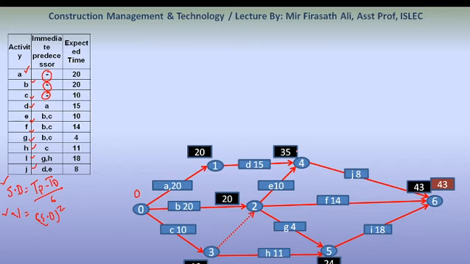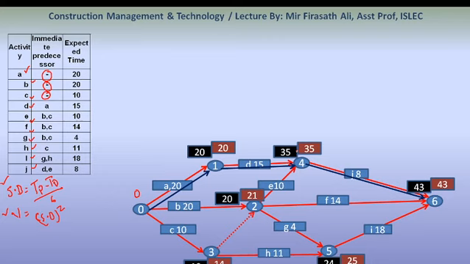Now if we go with the backward pass calculation, we get the same values. The critical path will be our longest duration path, or the path where the float is 0. As you can see here, the float is 0: 20 minus 20 is 0, 35 minus 35 is 0, 43 minus 43 is 0.